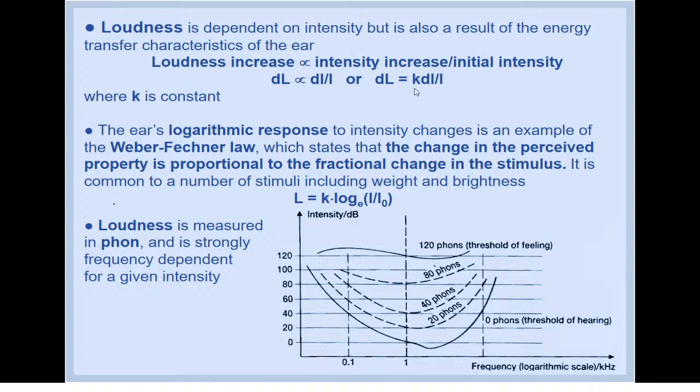K here is the proportionality coefficient. The ear's logarithmic response to intensity changes is an example of the Weber-Fechner law, which states that the change in the perceived property is proportional to the fractional change in the stimulus. It is common to a number of stimuli, including weight and brightness.